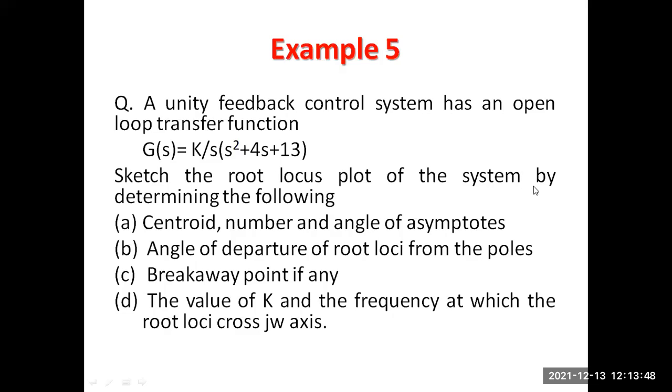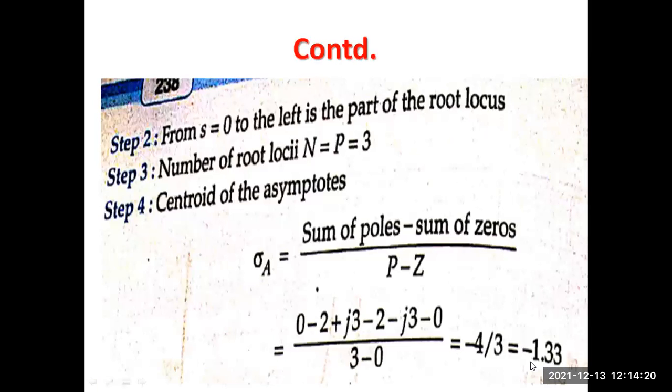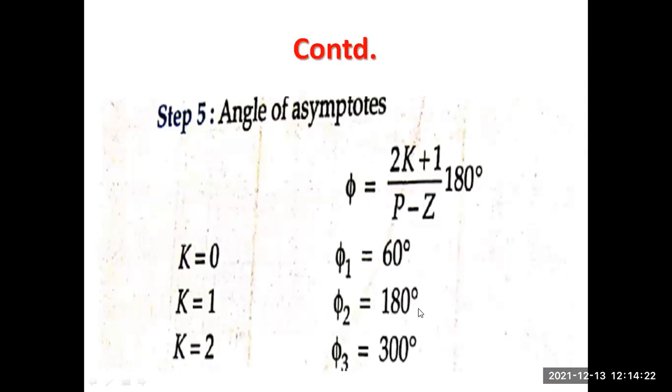Okay, very good. So you calculate now what is the value of centroid. The minus 1.33. Okay, then angle of asymptote you calculate. So 60, 180, 300. Okay. So minus 1.33, then 60, 180, 300.